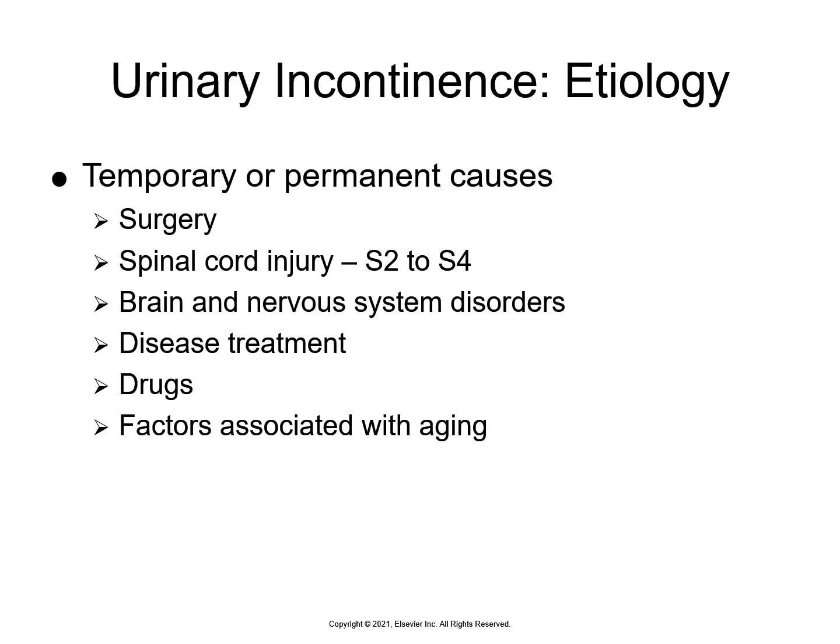So sometimes the incontinence can be caused by surgery, spinal cord injury, of course, brain and nervous system disorders. Treatment of some diseases can cause people to have urinary incontinence, especially if they're on a diuretic. Drugs, again, if they're on diuretics. And factors associated with aging, especially in women, where the urethra gets a little bit shorter as we age, and so we can't get to the bathroom as quickly as we want to.